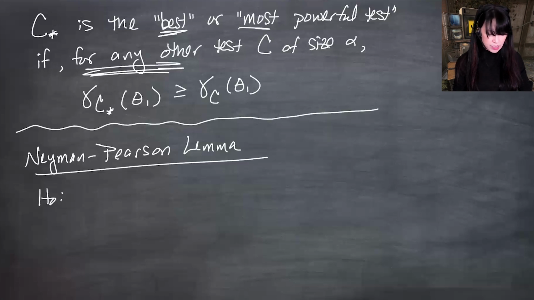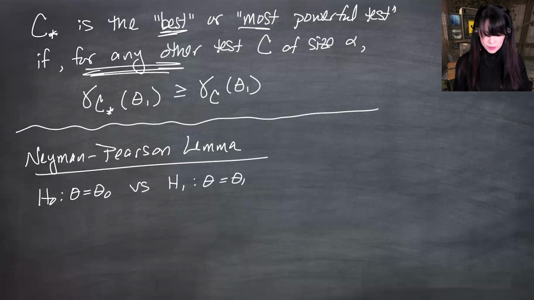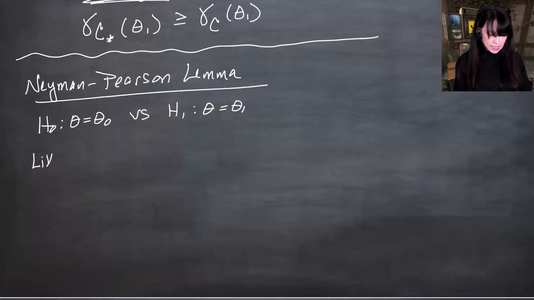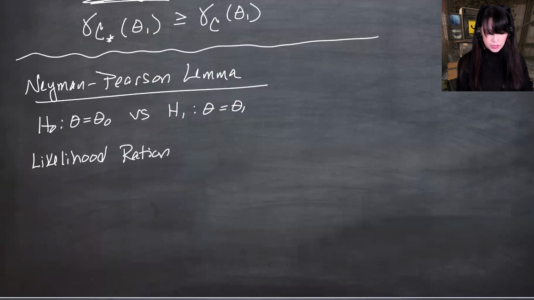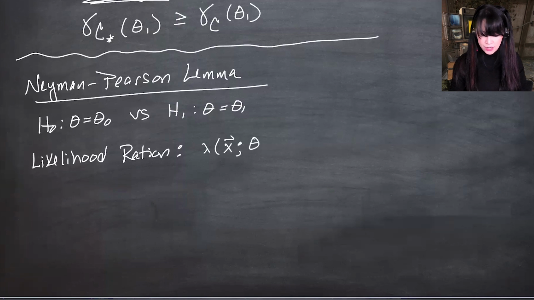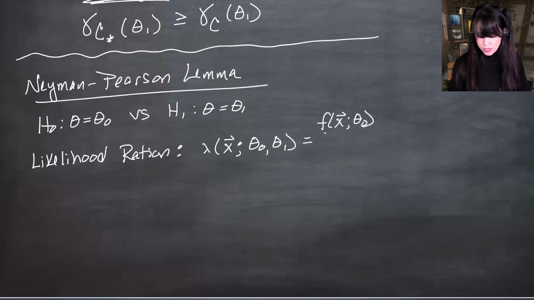So if you have the simple versus simple hypotheses that look like theta equals theta naught versus theta equals theta 1, and you look at the likelihood ratio that I was calling lambda, which is a Greek L for likelihood of X, either lowercase or uppercase, theta naught, theta 1. This is defined to be the joint PDF when the parameter is theta naught over the joint PDF when the parameter is theta 1.